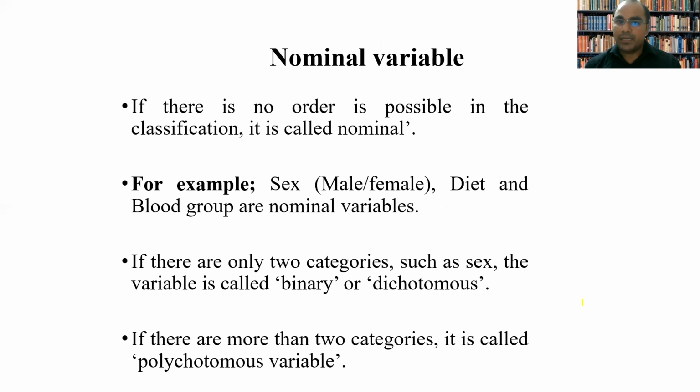For example, sex, male, female, diet, and blood group are nominal variables. If there are only two categories such as sex, the variable is called binary or dichotomous. If there are more than two categories, it is called a polychotomous variable.